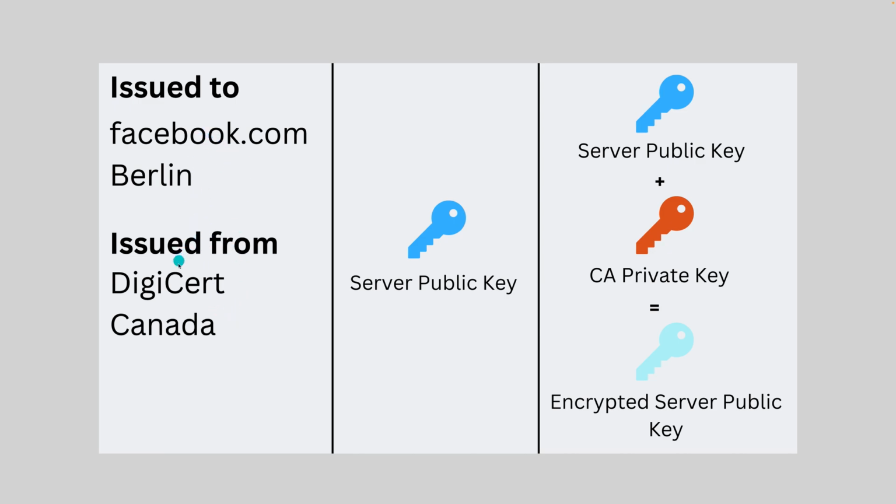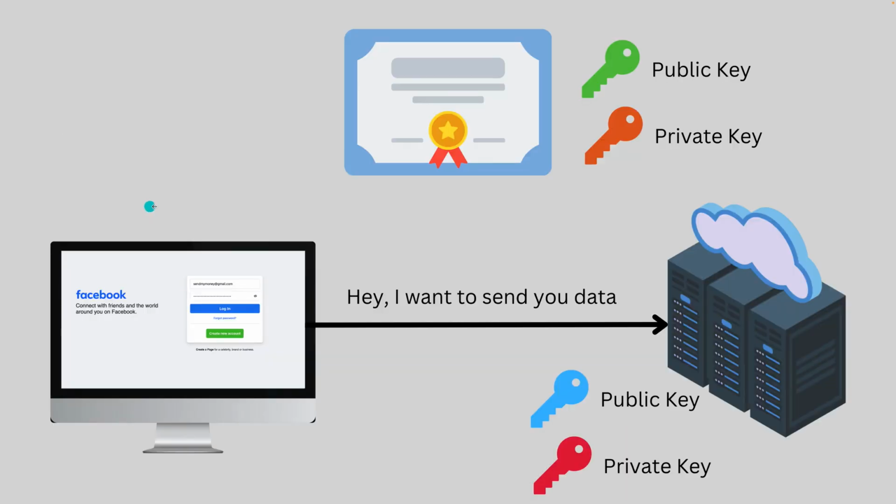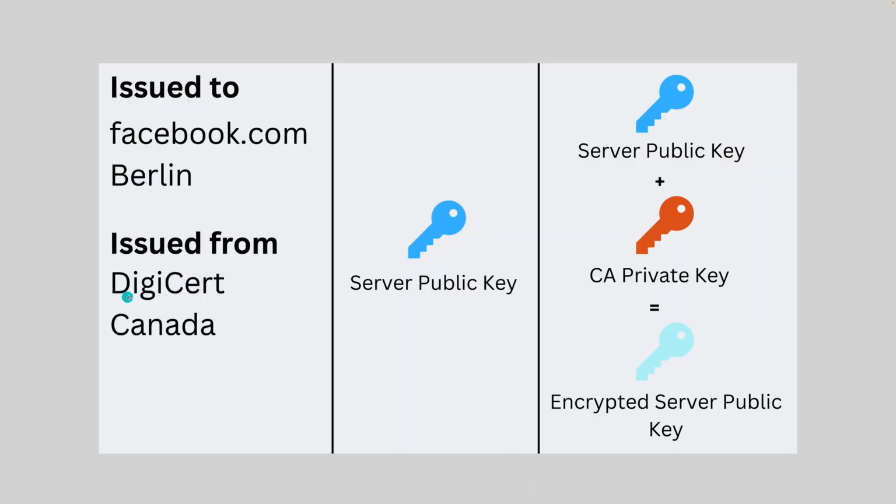And then it's also going to contain information about who is issuing the certificate, the certificate authority itself. So let's just say that the certificate authority that we utilize is DigiCert. Well, over here it's going to contain information about DigiCert and maybe where the server lives, like Canada, for example, as well as, again, some other information that I just decided to omit. All right, so that is the first part of this certificate.